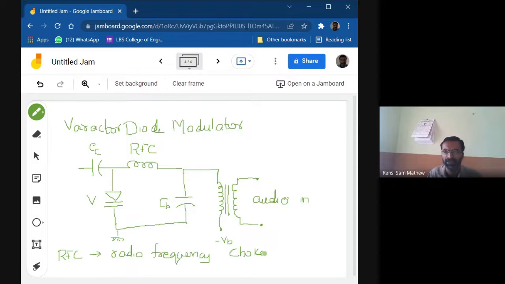Choke is an inductor, and radio frequency means it is used at radio frequencies. Audio frequencies means low frequency. Radio frequency means higher frequencies in the range of kilohertz and megahertz. Audio frequencies are 3 hertz to 3 kilohertz. But radio frequency means higher than that, like 100 kilohertz to 2 megahertz range.